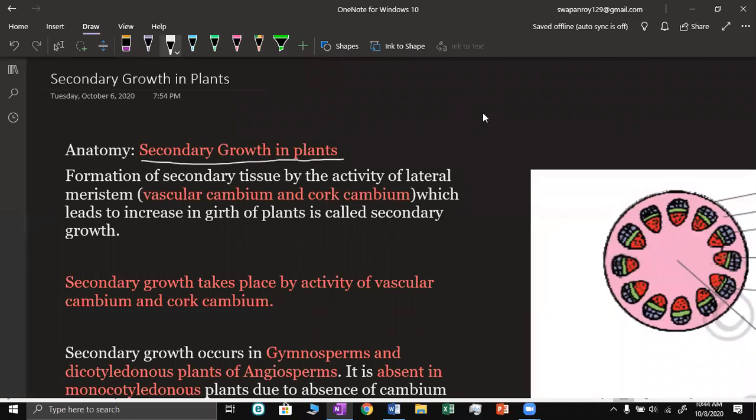What is this? The plant has two types of growth. One is the primary growth.